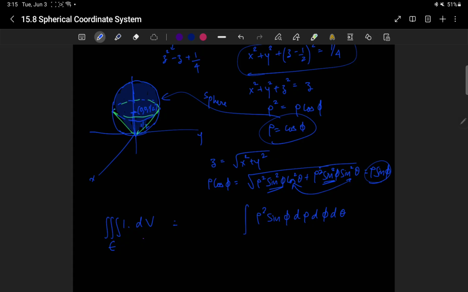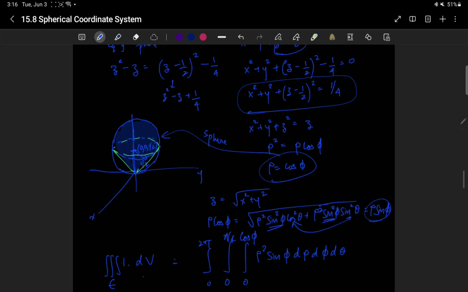Rho now goes from 0 to the sphere, which is cosine phi. And where do these angles go from? These go from 0 to pi over 4 and 0 to 2 pi.